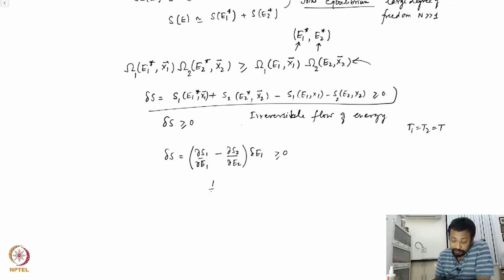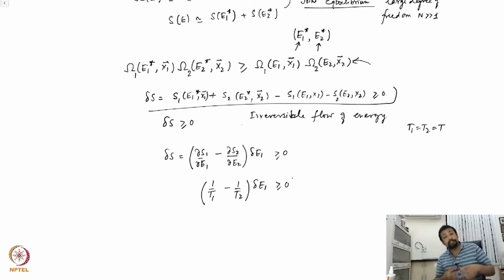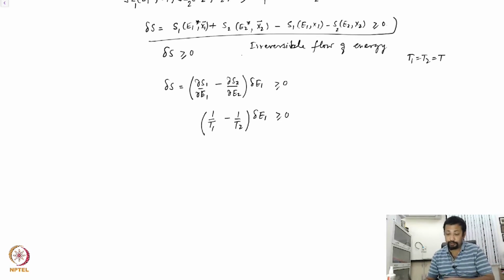And this essentially means that 1 by T1 minus 1 by T2 times delta E1 is greater than or equal to 0. That essentially tells you that heat flows from a hotter to a colder body, which is your Clausius's theorem.